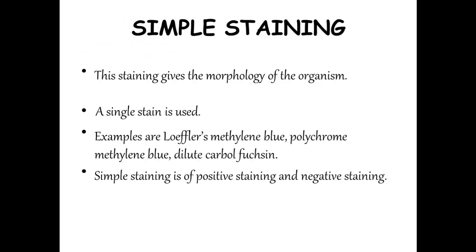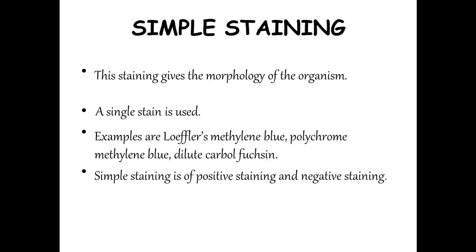So we have learned the first few steps in staining, which are preparation of smear and then heat fixation of smear. Then we are going to learn about the different methods of staining. What we observe here is positive staining, which is simple staining. What is the purpose of simple staining?